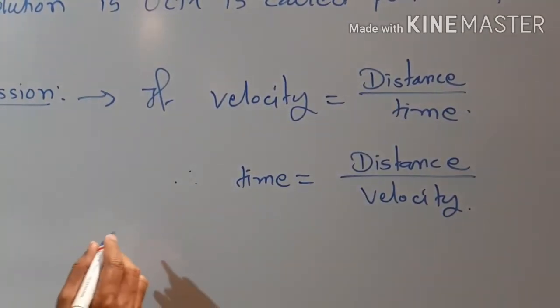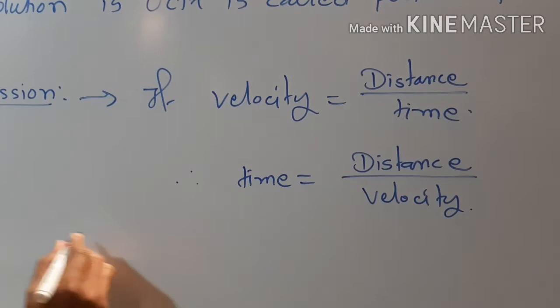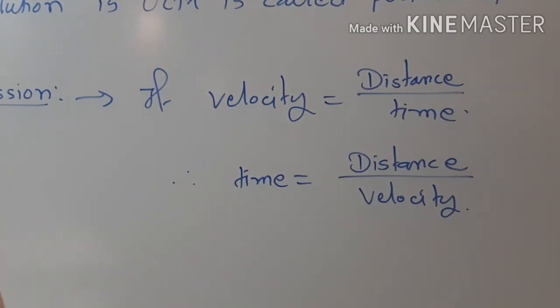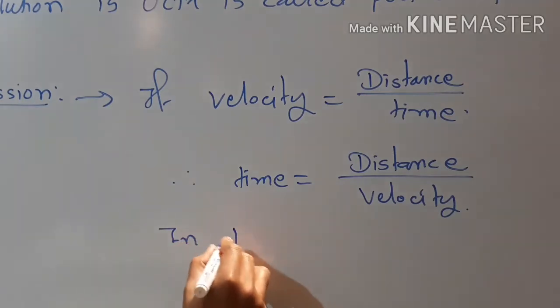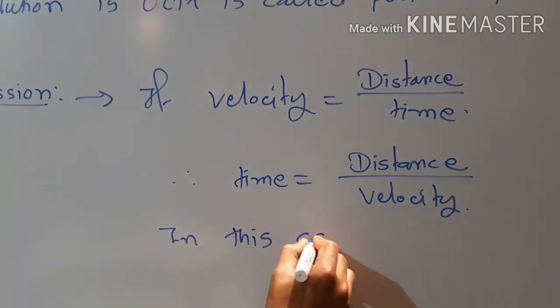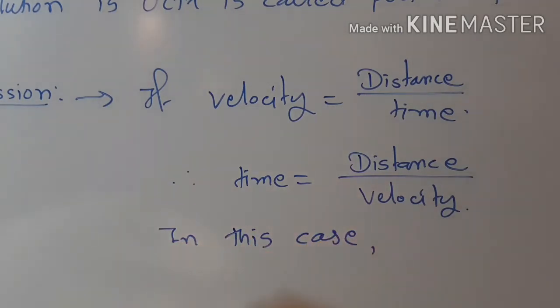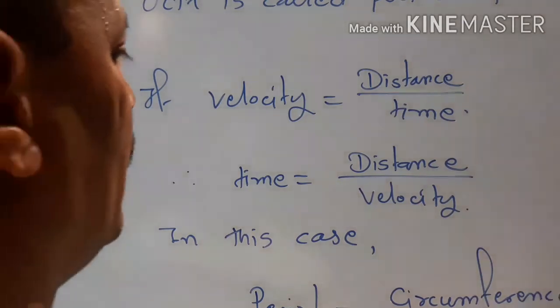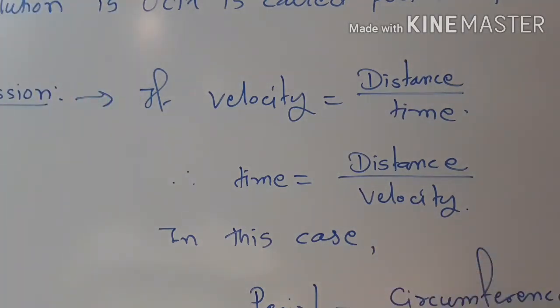In this case, time is period, distance is equal to circumference, and velocity is the linear velocity.